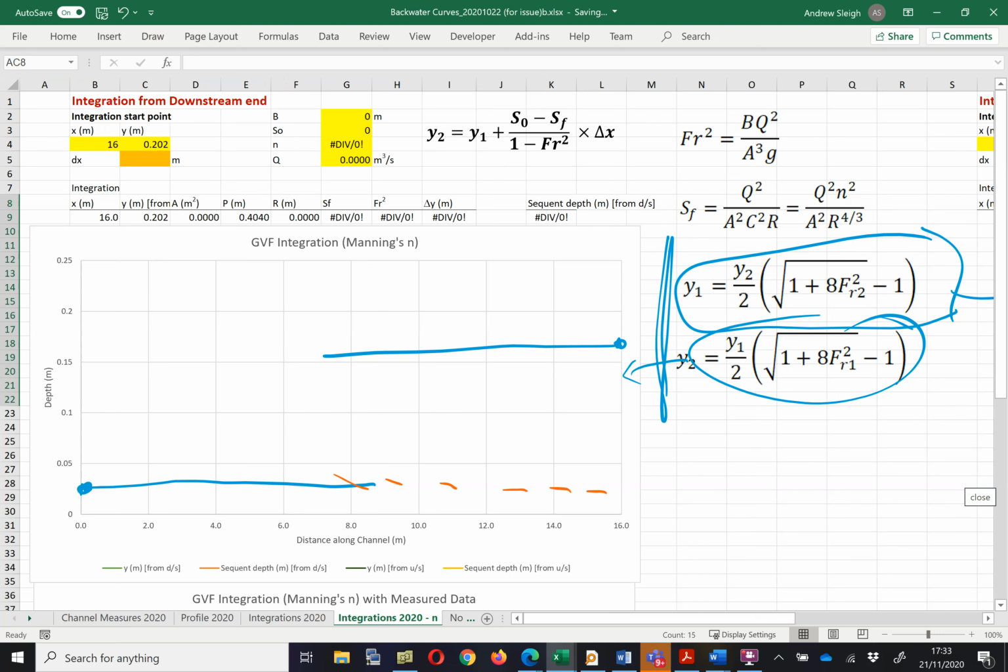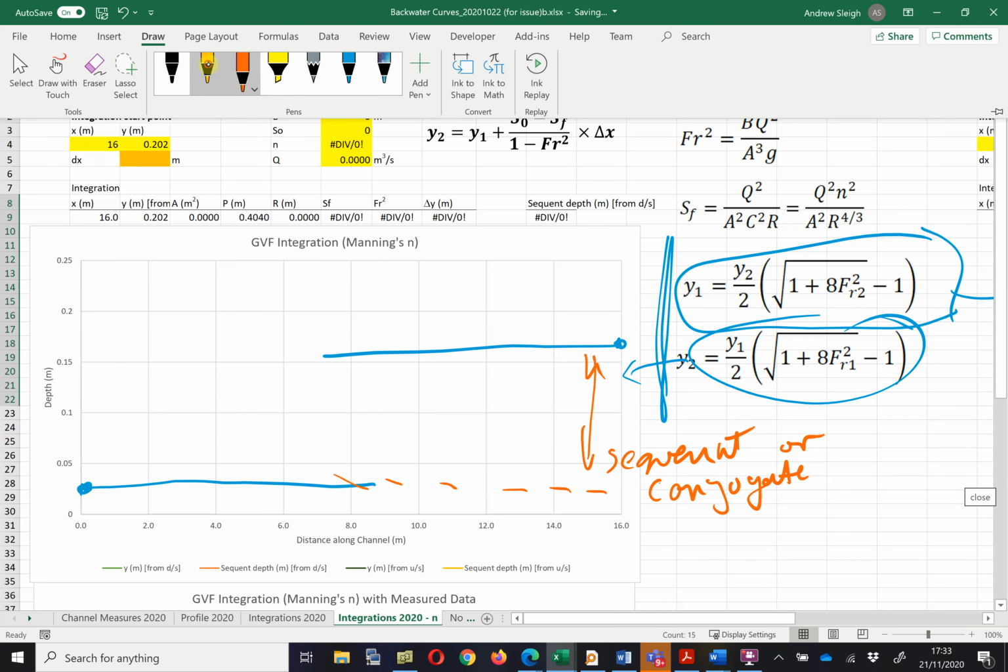That's the sequent or conjugate depth, both the same, different words for the same thing.